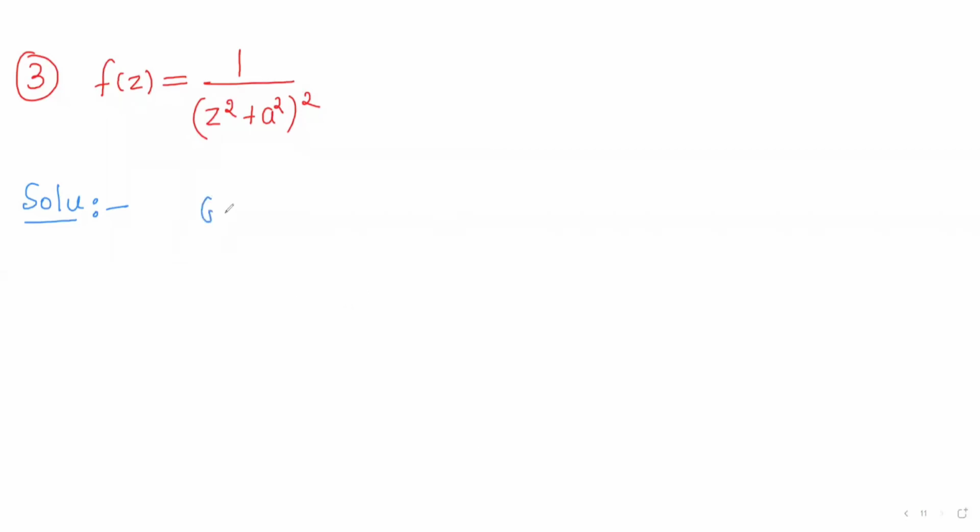Next, the third problem. Here the function f(z) is given to be 1/(z^2 + a^2)^2. Once again, the zeros of the denominator function are nothing but the poles of f(z).